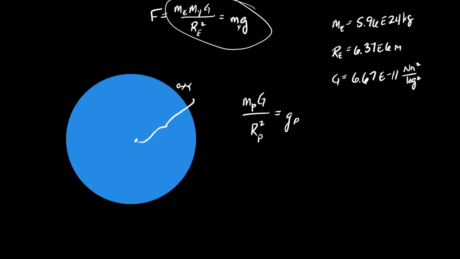So if you want Mars, you need the mass of Mars and the radius of Mars. You want the moon, mass of the moon, radius of the moon. It wouldn't make any sense to even say the word Jupiter or Saturn. They don't have a surface. But these do. So this is how you can calculate the acceleration of gravity.